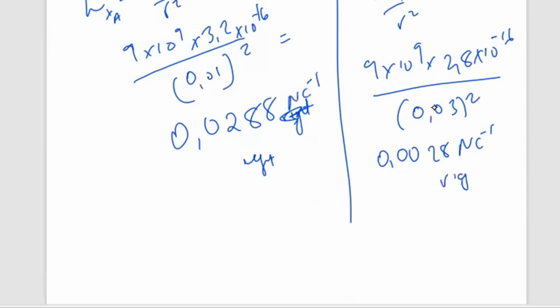Is it to the left or to the right? Looking at the force here, this is going to be to the right, because we're focusing on X. And then this is going to be to the left, since there is attraction.